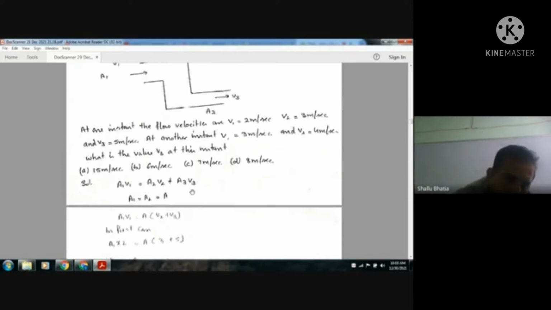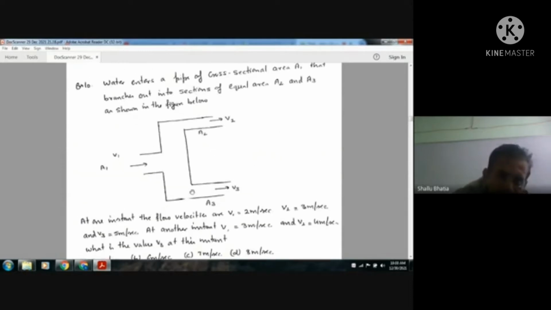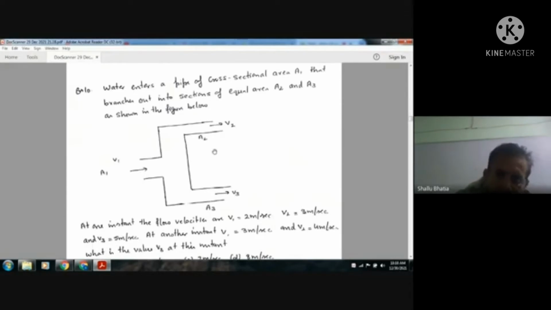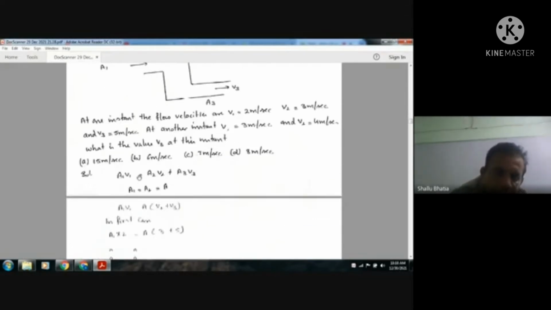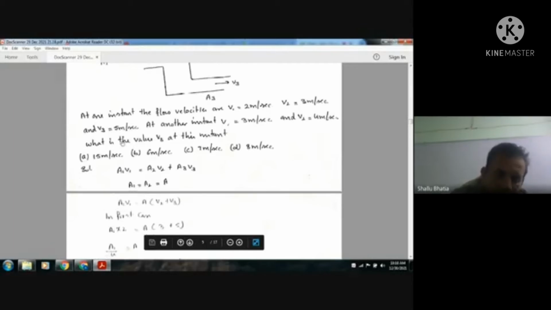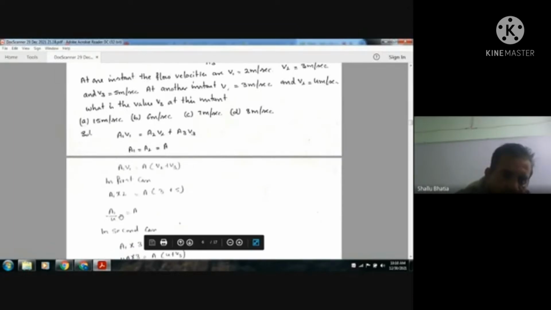The area of A2 and A3 are equal, but not equal to A1, so let it be A. So A1 V1 equals A V2 plus A V3. Putting the values of V1, V2 and V3, that is 2, 3 and 5, we have A1 times 2 equals 8A, so A will be equal to A1 by 4.